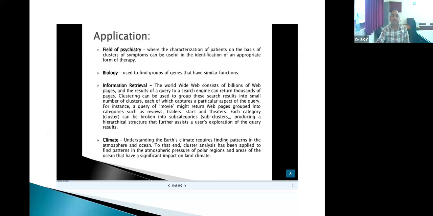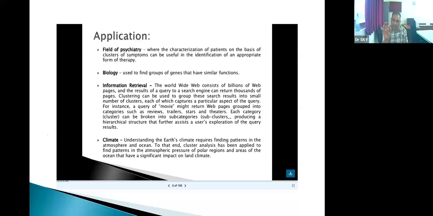These are some applications of cluster analysis, say in the field of psychiatry. We have many characteristics, and on the basis of them we classify the patients into different categories. Patients having similar types of symptoms are put together to make a cluster, so that a doctor may decide which treatment should be given to which group.